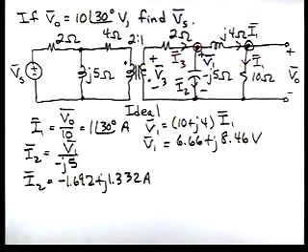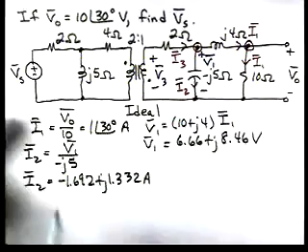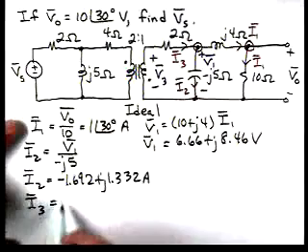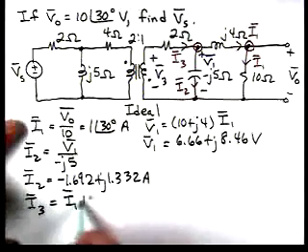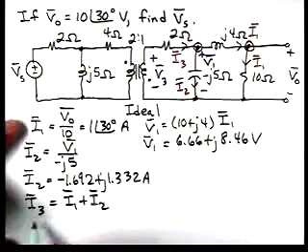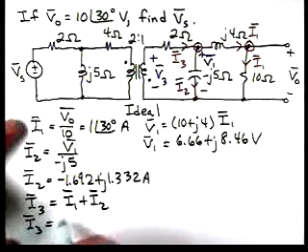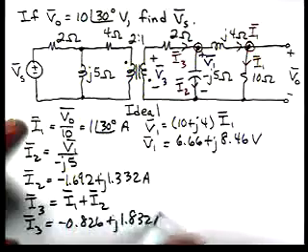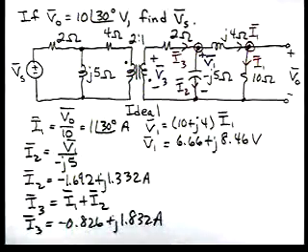So if we look at our circuit, then I3 is I1 plus I2, and that gives us that I3 is minus 0.826 plus J 1.832. Now we can calculate V3.